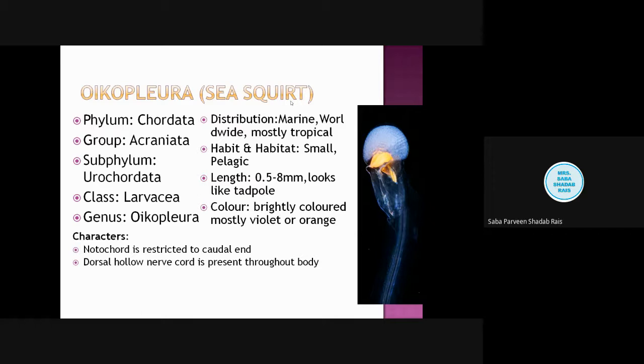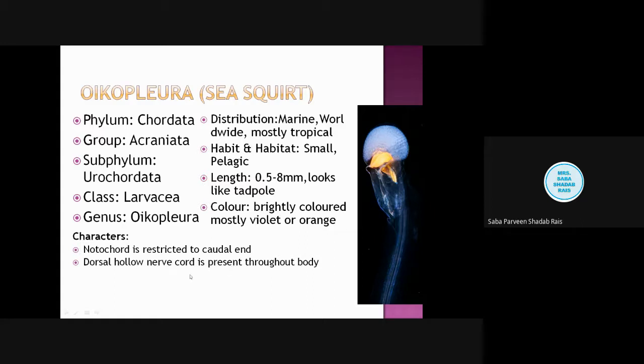Usually the nerve cord should be present throughout the body, but in other Urochordates you will not find this. They are Larvaceae, retaining the larval character. That's why the notochord and nerve cord are both present in the adult stage.